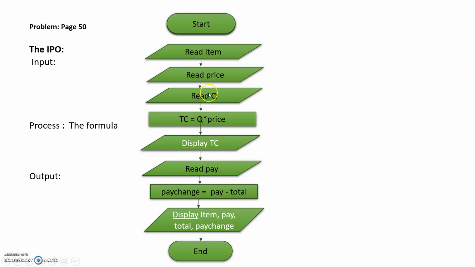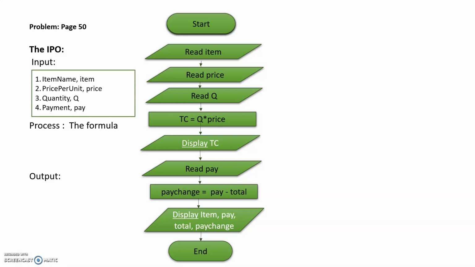Input will be in black and output will be in white. It is gathered from the keywords read item, read price, read queue, and read pay, while display is display TC and display item, pay, TC. This one is TC and pay, change. In this case, TC is the total cost or total payment. It's similar, just confusing.